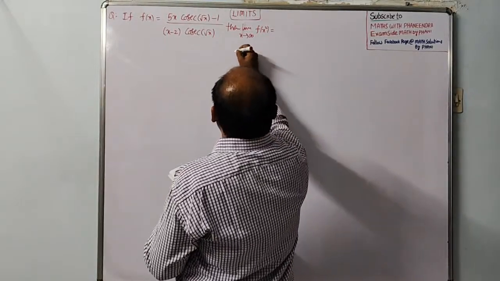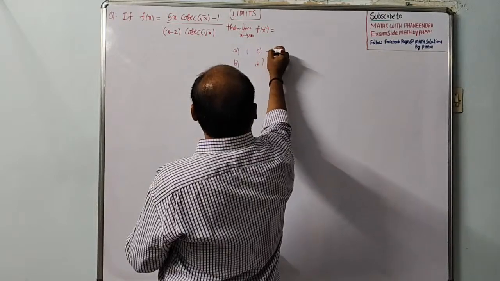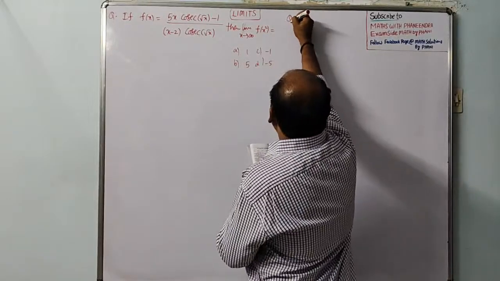So options are provided: 1, minus 1, 5, and minus 5. The next question.